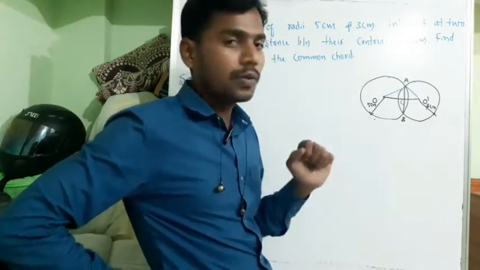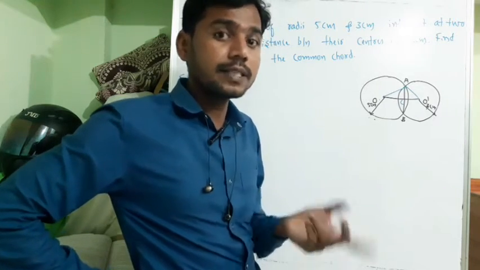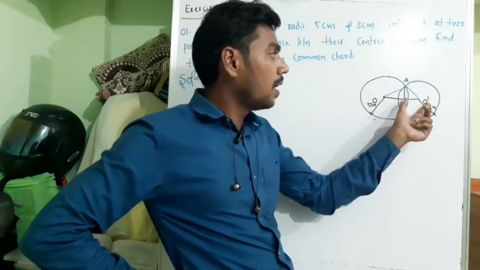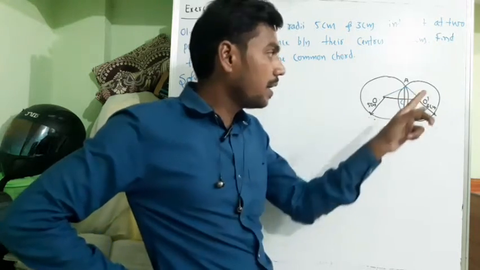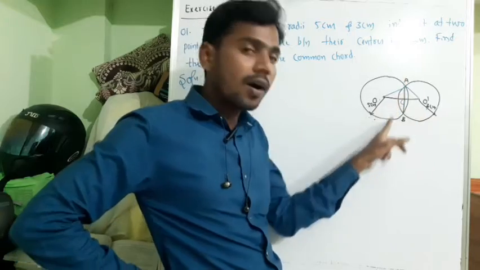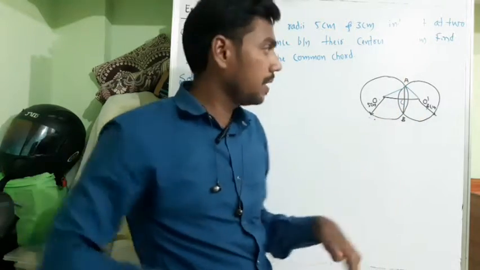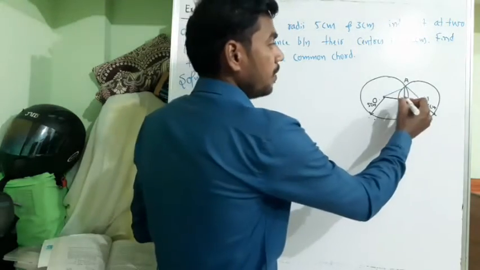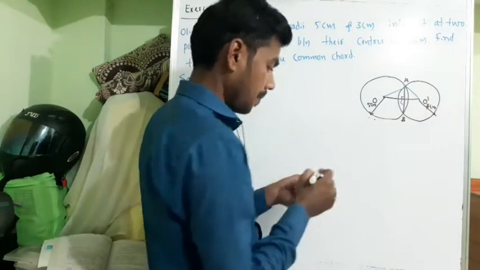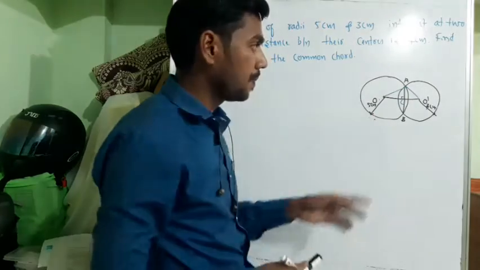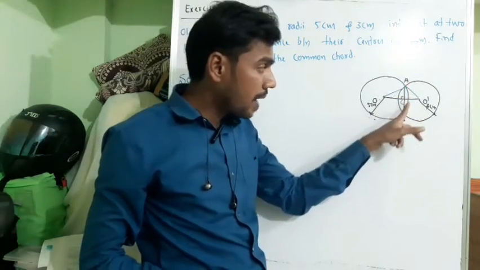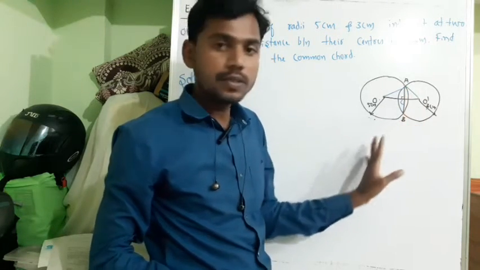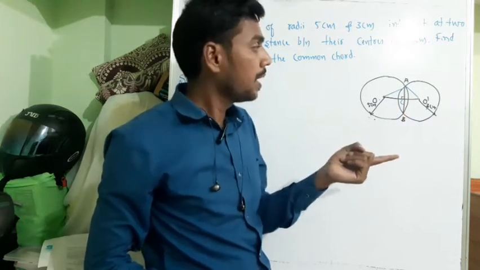And one theorem from exercise 10.3, what does it state? The perpendicular drawn from the center of a circle to a chord bisects the chord. Means OC is perpendicular to the chord AB, so it is going to bisect the chord AB. So AC will be equal to CB according to that theorem.